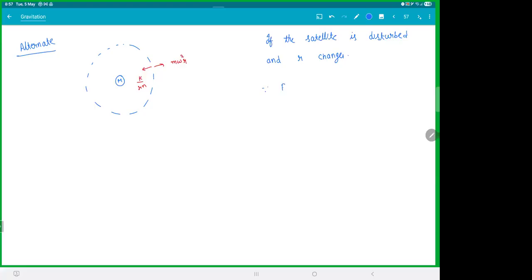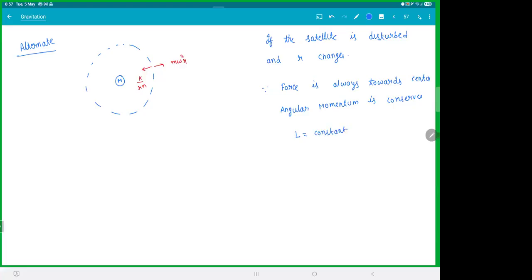Since the net force is always towards the center, the angular momentum is conserved. That means for the system, L is constant.